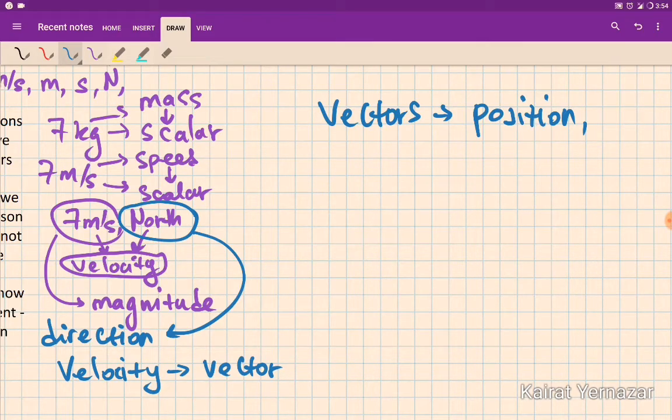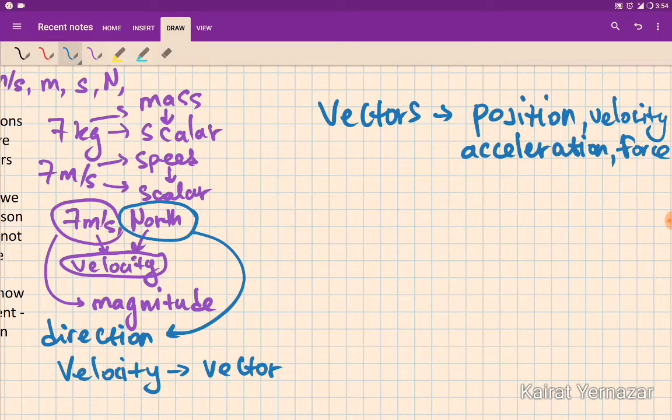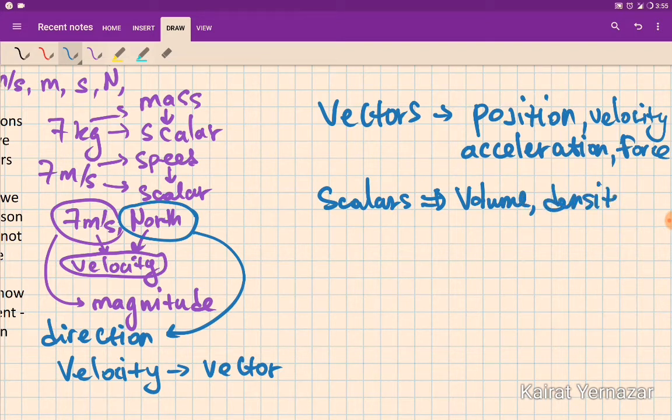Position, velocity, acceleration, force, and others. Scalars are volume, density, mass, what else?